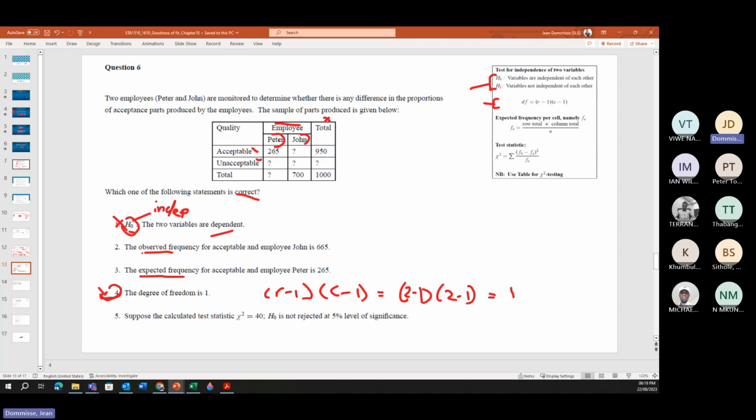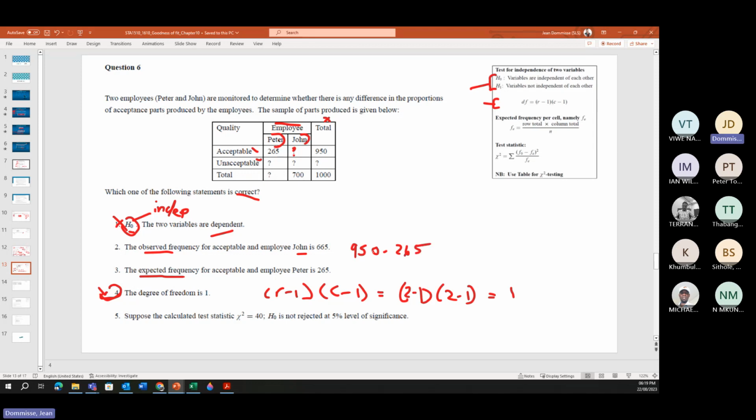So what is the expected frequency of John? So basically, what is that value that we need to work out? So how do we work that out? We basically say 950 minus the 265. So 950 minus 265.